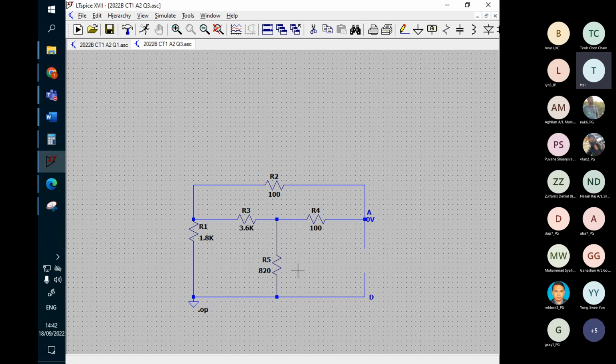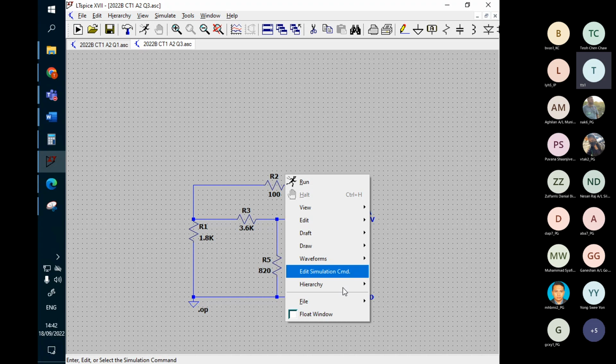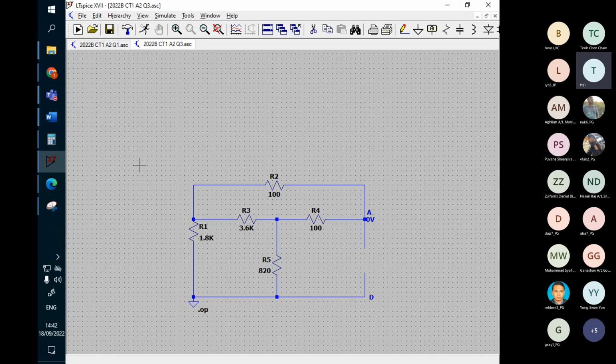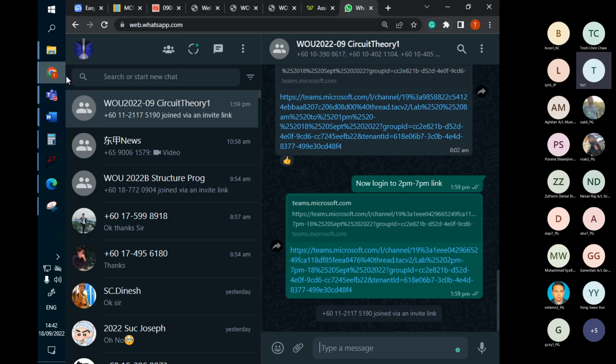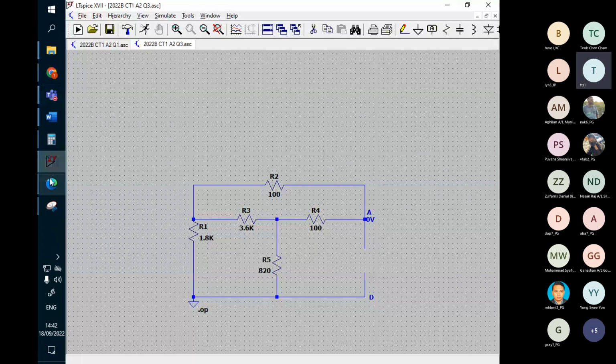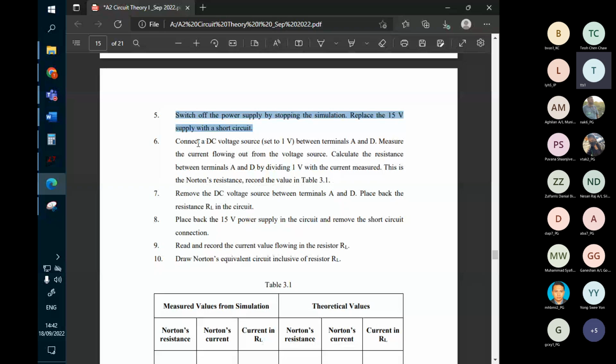So we have to use another method to get the total resistance for this circuit. So what is the method? Let's follow the procedure. Now we need to connect 1 volt. We need to use an external 1 volt again as a dummy. Use a DC supply between A and D, and measure the current flow through it, and then we use the Ohm's law to convert the resistance.